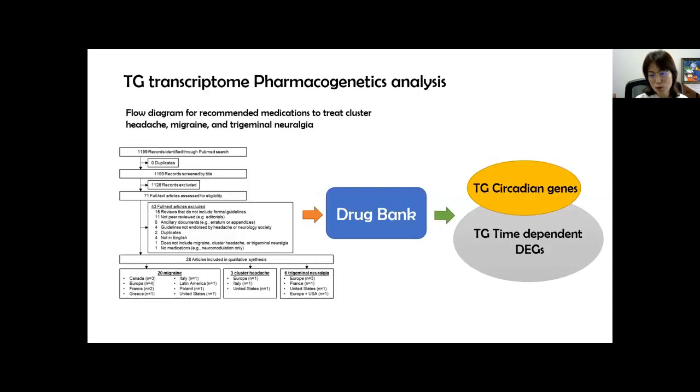The next thing we did was we took out the headache drug data, headache drugs that are used for any type of headache. We selected about 150 drugs and then went through DrugBank to identify this headache drug target and then compare that headache drug target with our circadian genes.